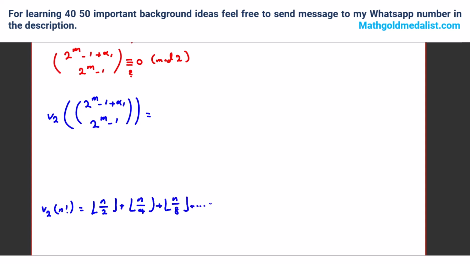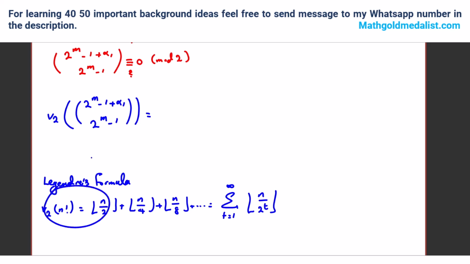Yes, and we can write it as the sum of floor of n over 2 to the t, from t equals 1 to infinity, right? And we call this formula what? Do you know the name of that? No. Legendre's formula, okay?